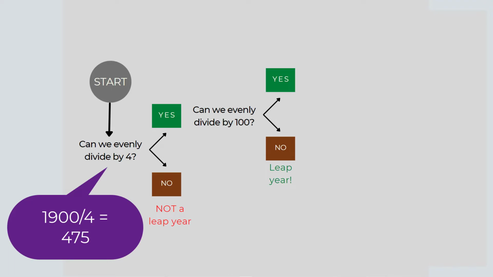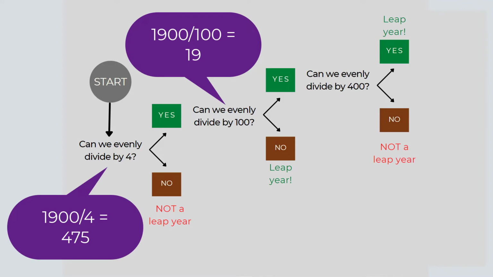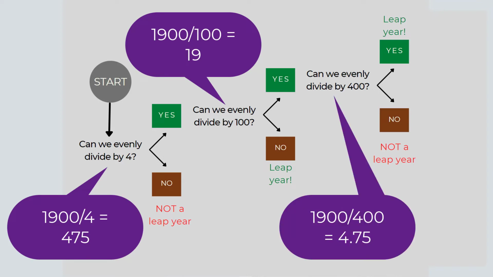Question 2. Can we evenly divide 1900 by 100? Yes, and we get 19. We can move on to the final question. Question 3. Can we evenly divide 1900 by 400? 1900 divided by 400 is 4.75. So we can't evenly divide it.